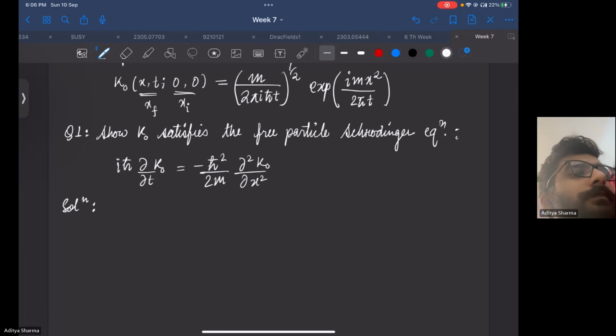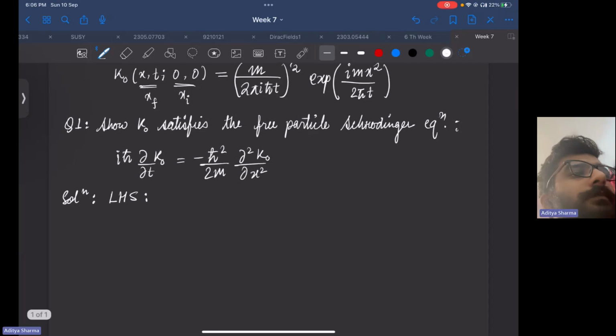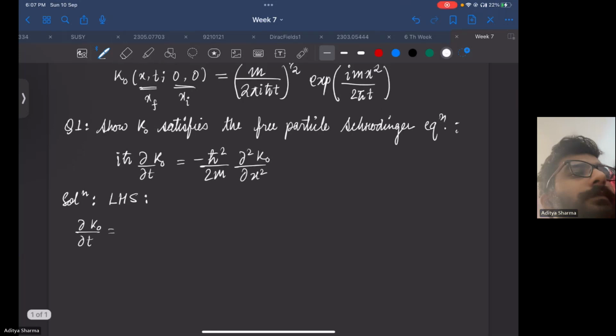So let's take the LHS and just do the differential d by dt of K. So let me put the constant here, and then we put what is important for us.